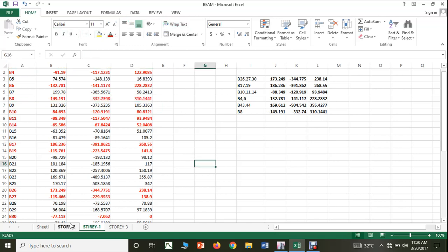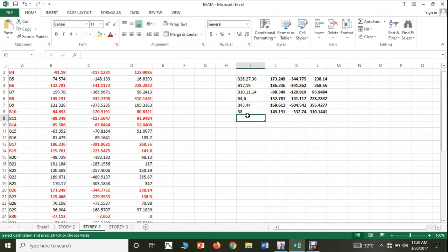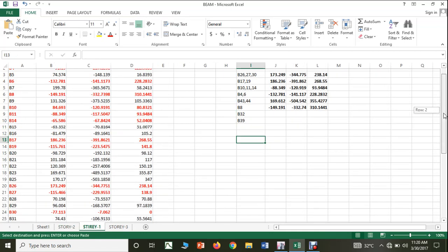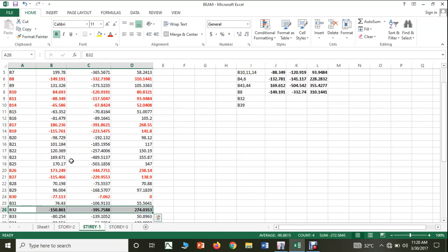The next will be beam 32 and 39. Beam 32 will be here. These are the corresponding shears, positive and negative bending moment values.